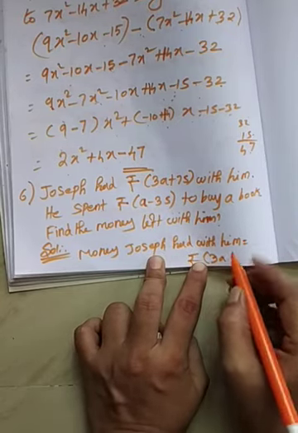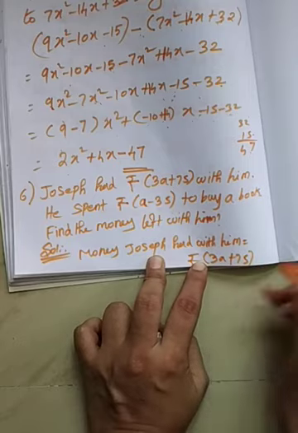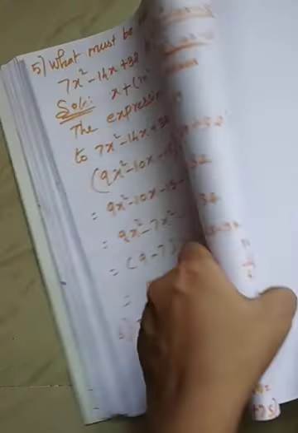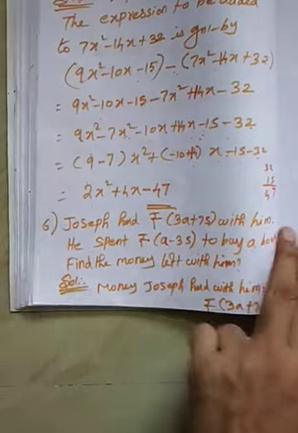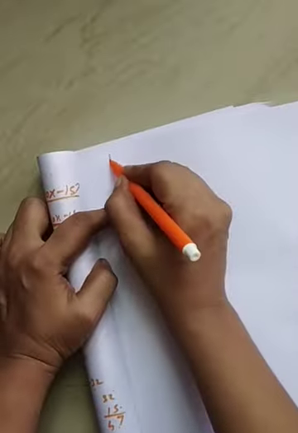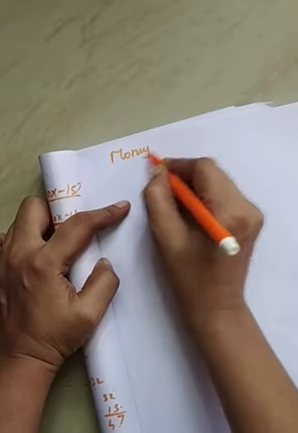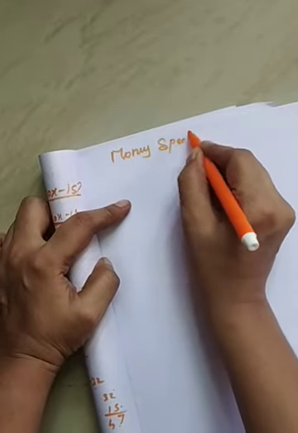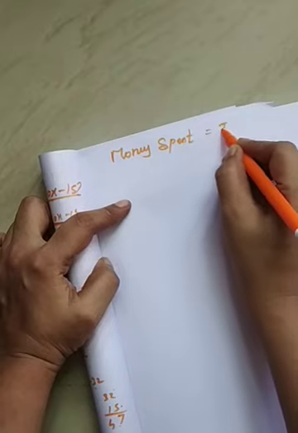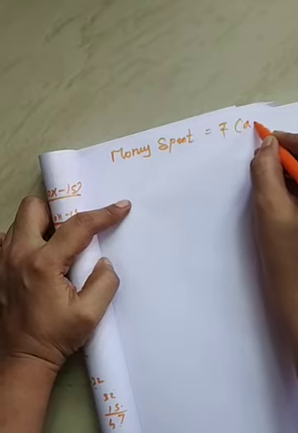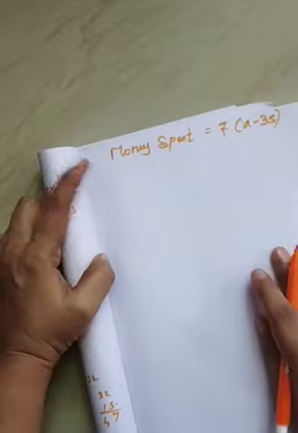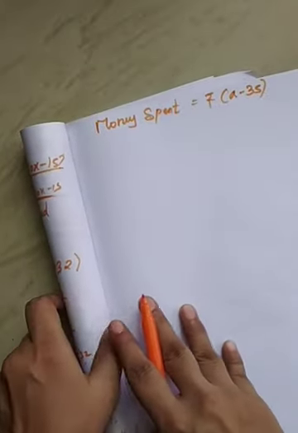The next, money spent: rupees a minus 35. Next, what is your question? Money left with him.